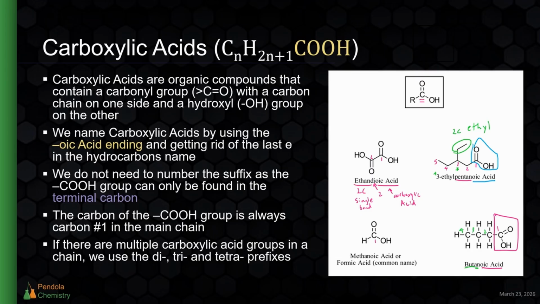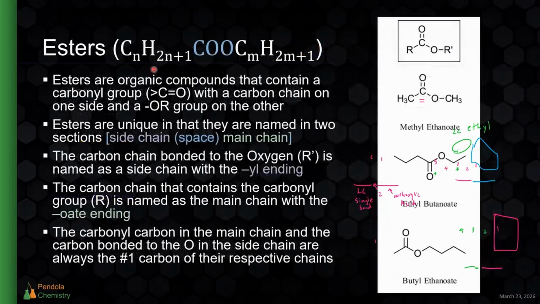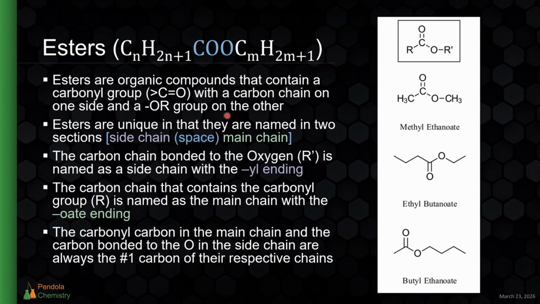So, that's carboxylic acids. And now we're moving on to probably the hardest out of the functional groups, esters. Esters can be difficult because they have 2 different carbon chains. We had also described ketones as having 2 carbon chains, but esters truly have 2 carbon chains. We have what we call the carbonyl carbon chain, and that will be the one that the carbonyl group is involved in.